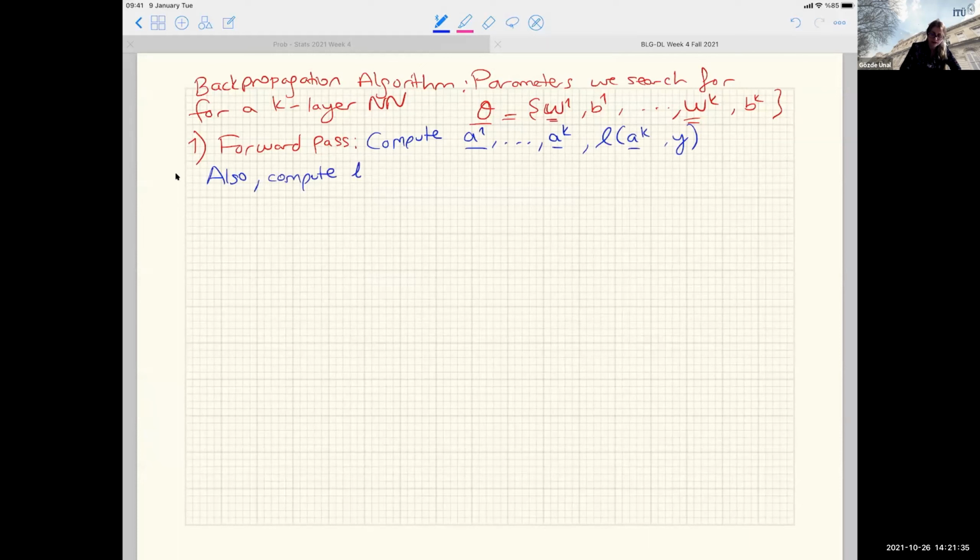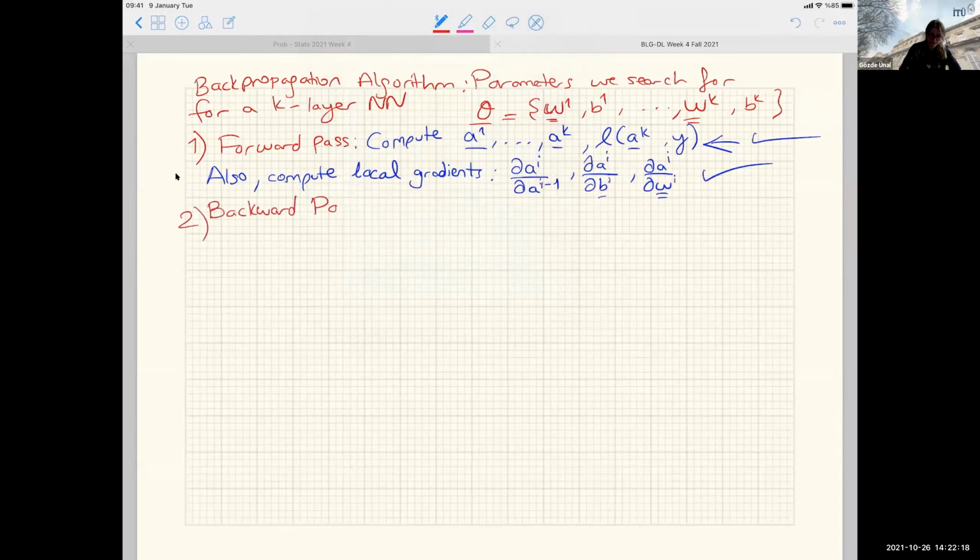Upstream gradients you cannot compute yet, because the loss is computed last, but as I go forward I can compute local gradients: del A_i by del A_{i-1}, del A_i by del b_i, and del A_i by del W_i. These can be computed and stored. You compute the loss, compute local gradients. Now do a backward pass.